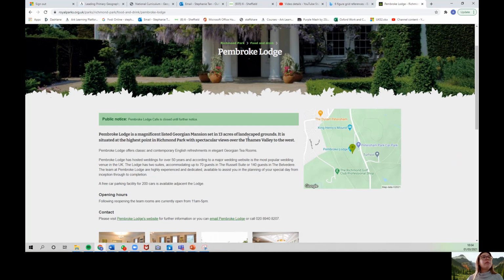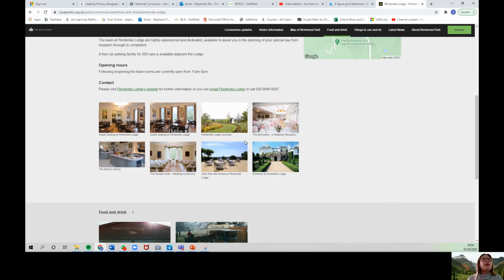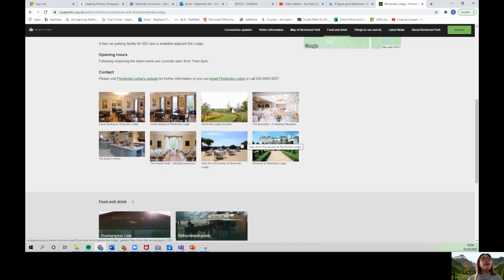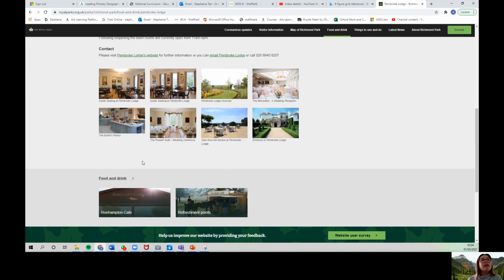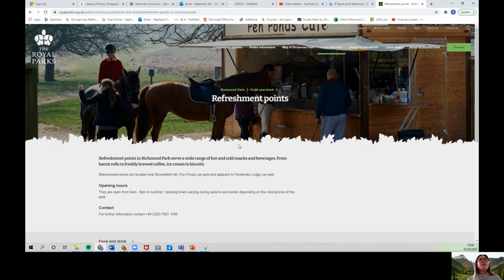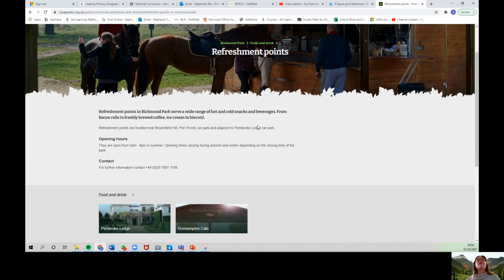Now, if we want to read about the history of Richmond Park, this website gives us lots of interesting information about it. Pembroke Lodge has hosted weddings for over 50 years. There's a car park. It tells you what the opening hours are. And if we wanted to read about refreshment points in the park, we can read about the different refreshment points.